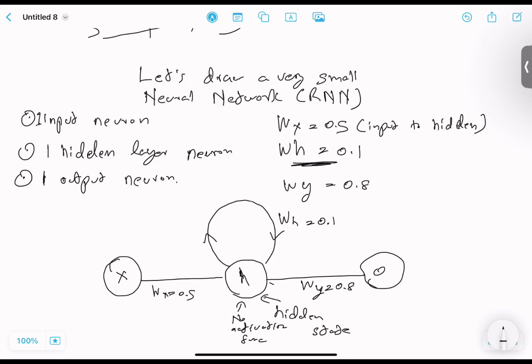Here the hidden weight will get updated with the influence of previous information as well. Let's see how this really happens after this.